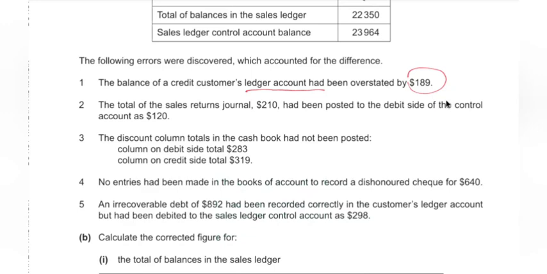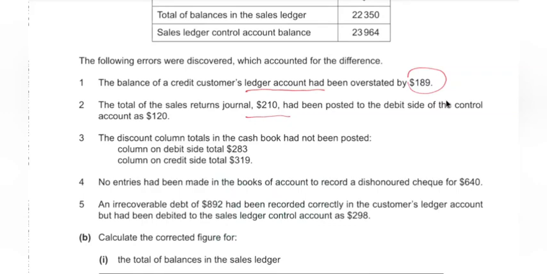Now moving on to the second one, the total of the sales return journal 210 had been posted to the debit side of the control account as 120. Alright, so now this error is of sales return where this sales return journal 210 had been posted to the debit side. This should have been recorded as 210, but we have recorded as 120, and that also on the wrong side.